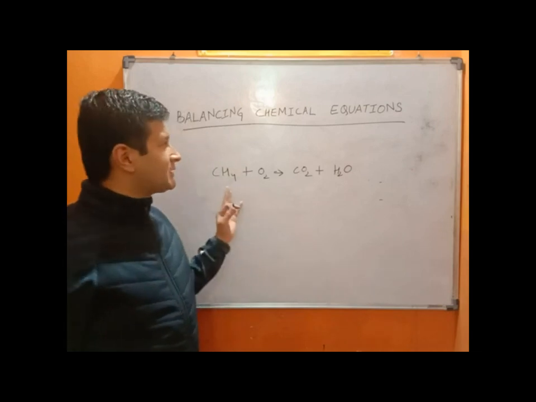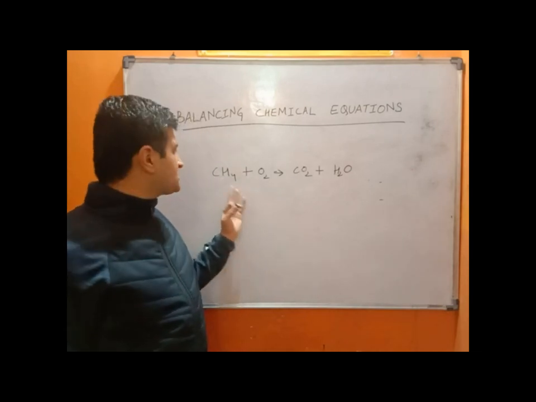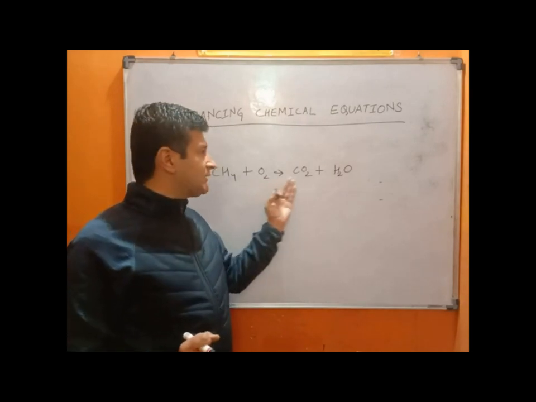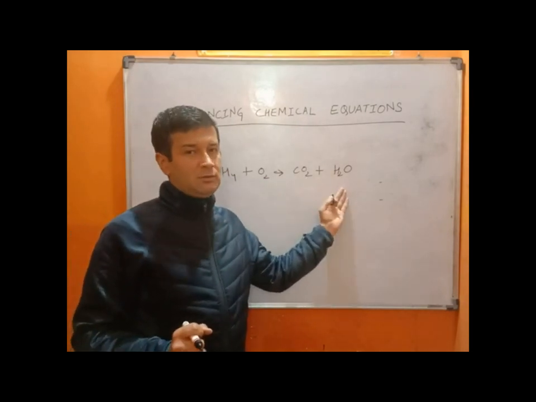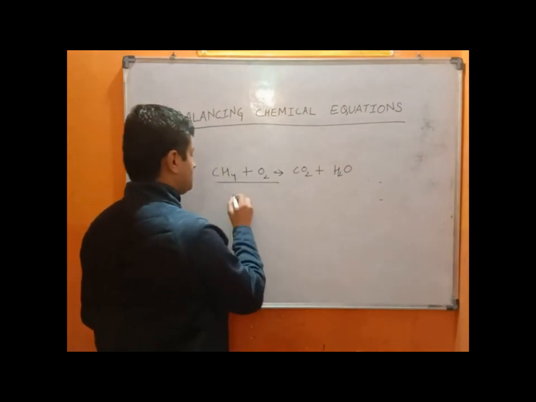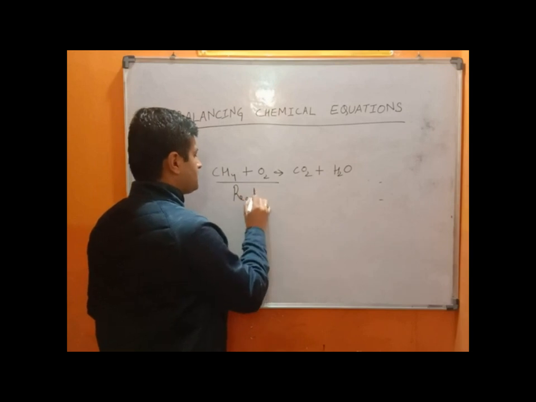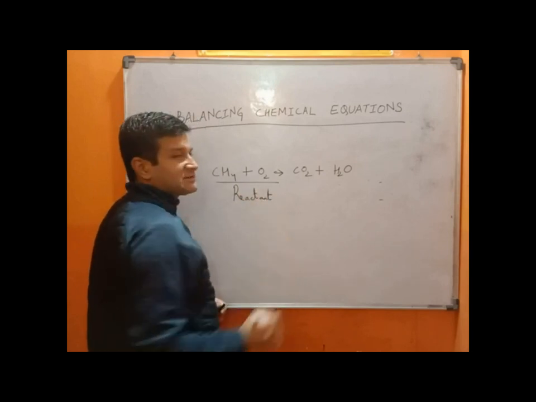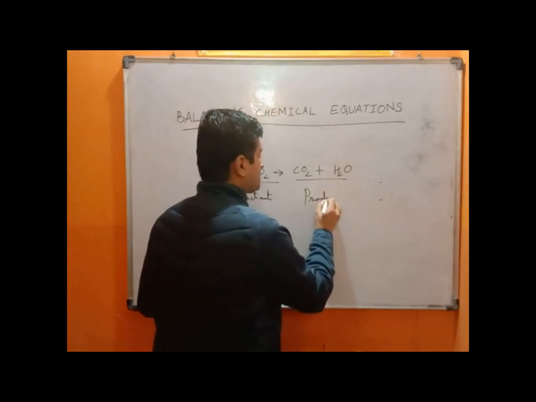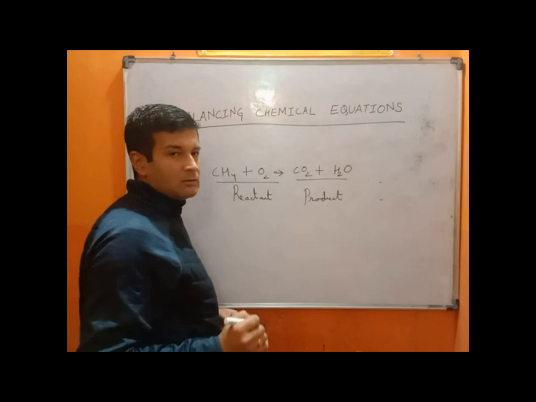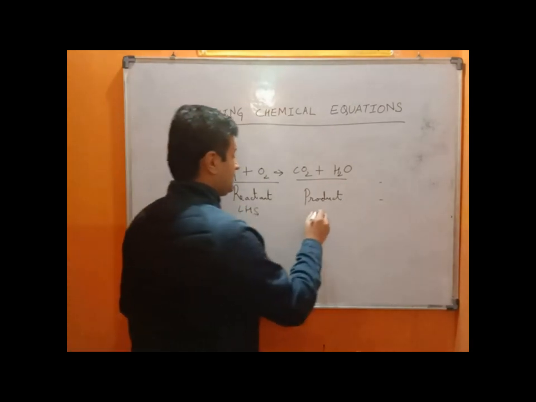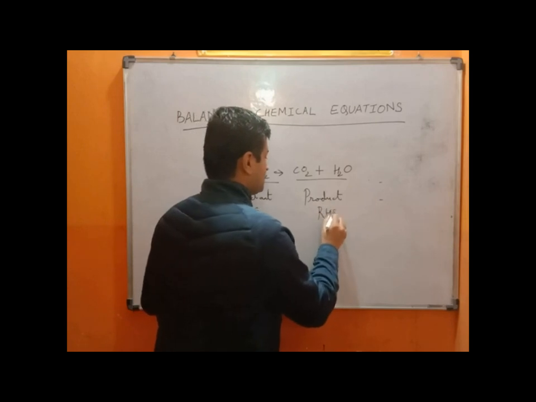So we have taken one chemical reaction in which methane burns in the presence of oxygen to give carbon dioxide and water. So this is your reactant side, and this is your product side. This is your left hand side, and this is your right hand side.